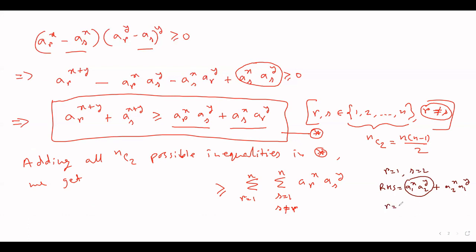Now, for example, if you choose r equals 2, s equals 1, are we going to choose it? If I already count r equals 1 and s equals 2, I'm not going to count r equals 2 and s equals 1 anymore, because we have used nC2, not nP2. So the pairs are not ordered. So 1 comma 2 and 2 comma 1, not both of them are going to be counted.